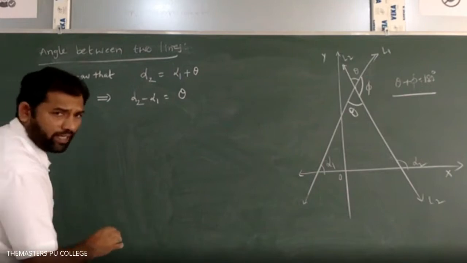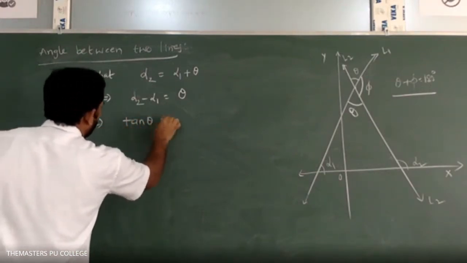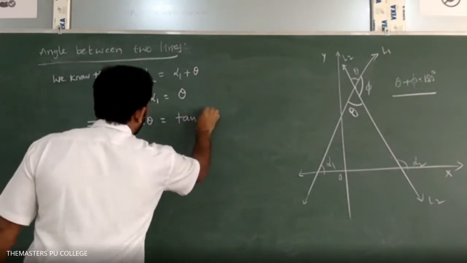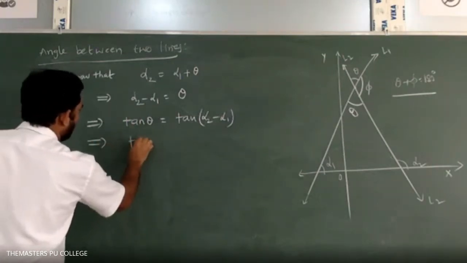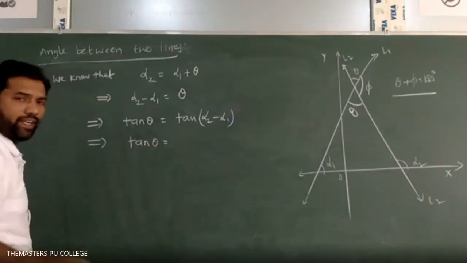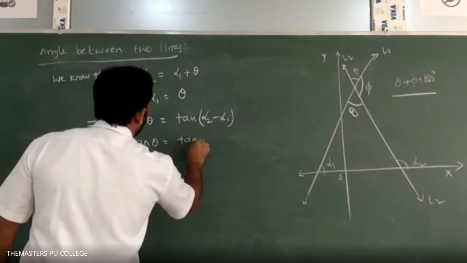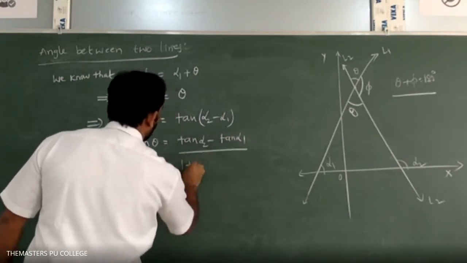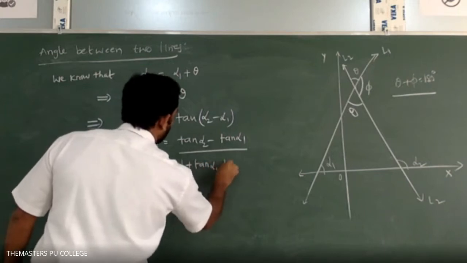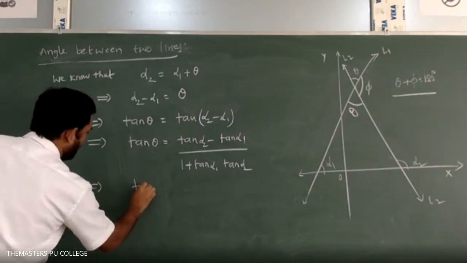Then you apply tan on both sides. Theta is equal to alpha 2 minus alpha 1, so tan theta is equal to tan of alpha 2 minus alpha 1. What is the tan A minus B formula? Tan x minus tan y divided by 1 plus tan x into tan y. So tan theta is tan alpha 2 minus tan alpha 1 divided by 1 plus tan alpha 1 into tan alpha 2.